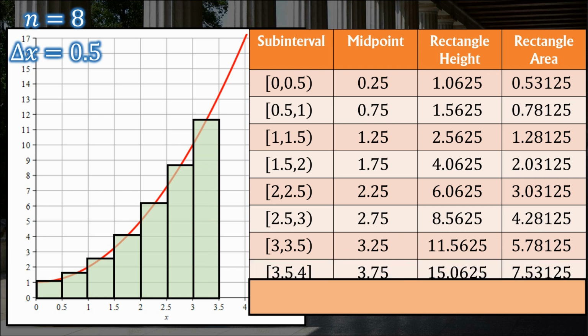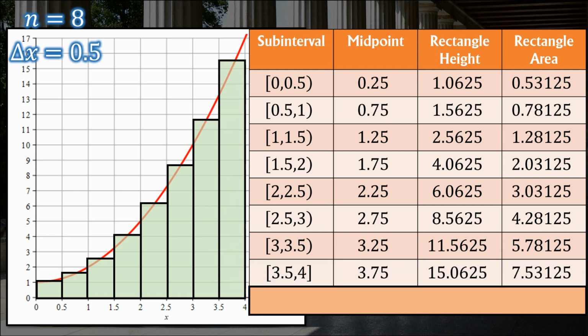In this case, n was 8, so we had to do it 8 times, going up by the midpoint in this case, finding the area of each rectangle, which is base times height. The height is the value of the function at wherever that point is that we choose to send things up, right? In this case, we went by midpoint, so we find the midpoint of each subinterval and send that up to the curve.